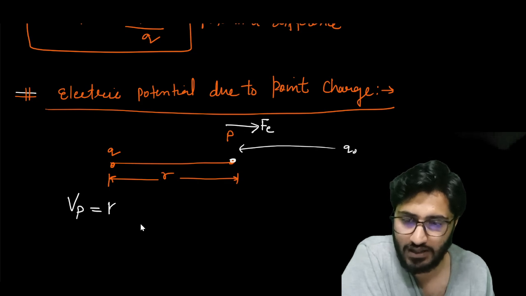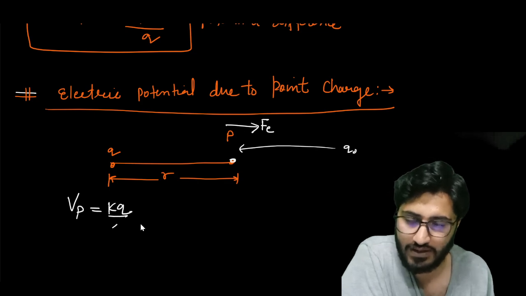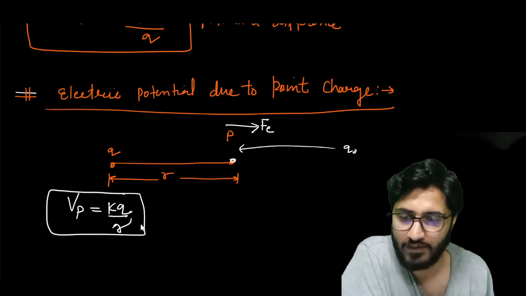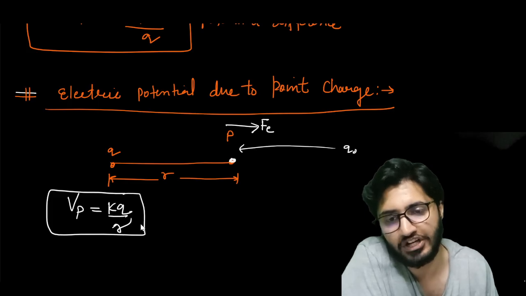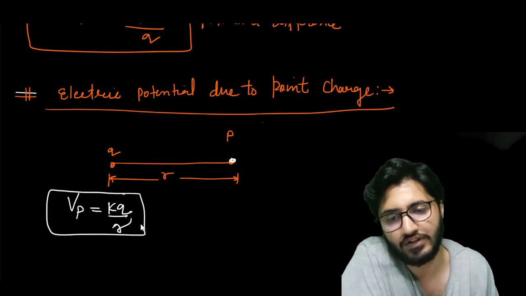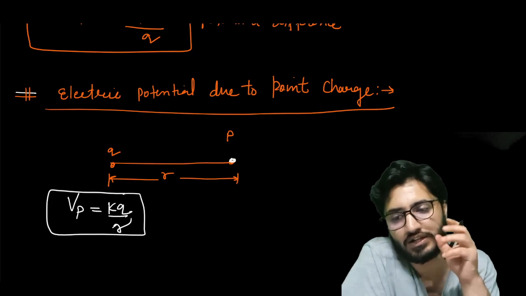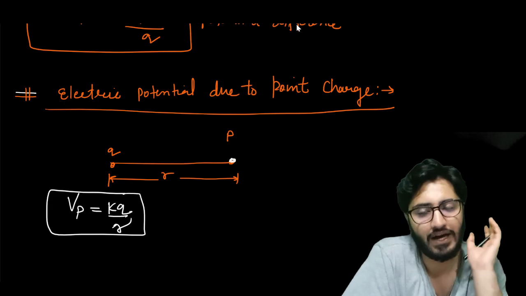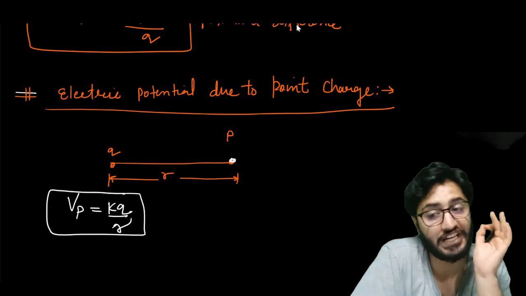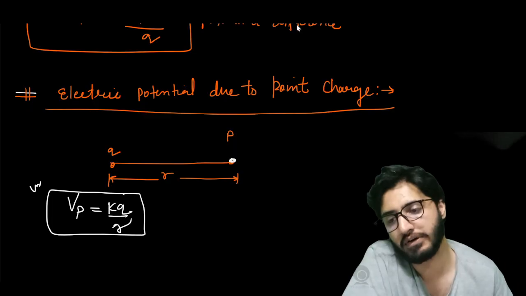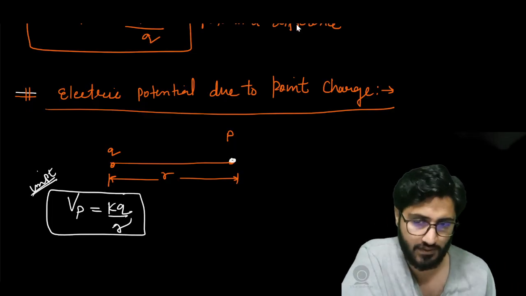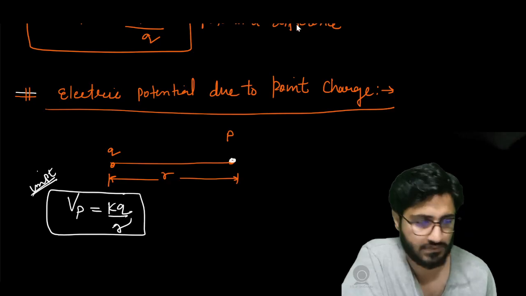It is K Q divided by R. So the electric potential at any point P is equal to K times Q divided by R. Very easy, and it is very important that you remember it.